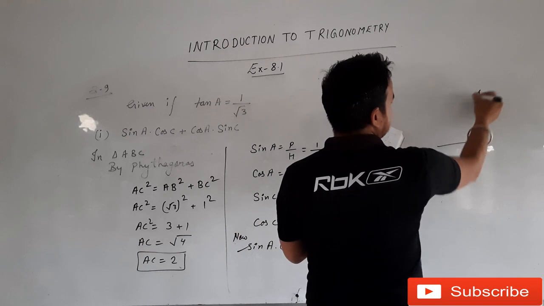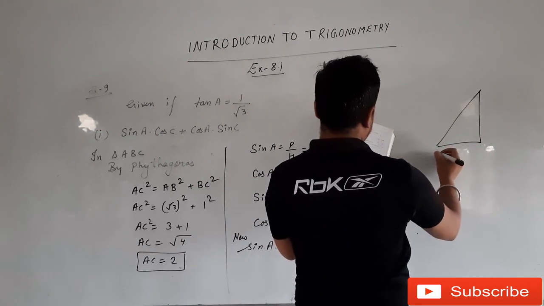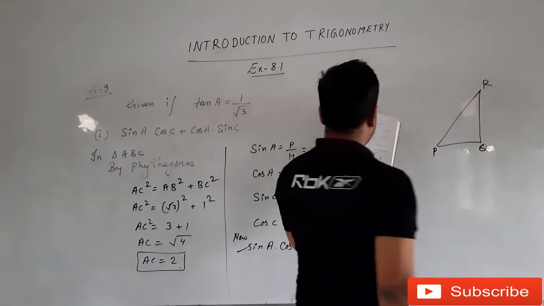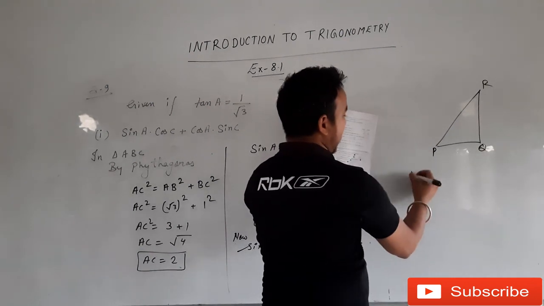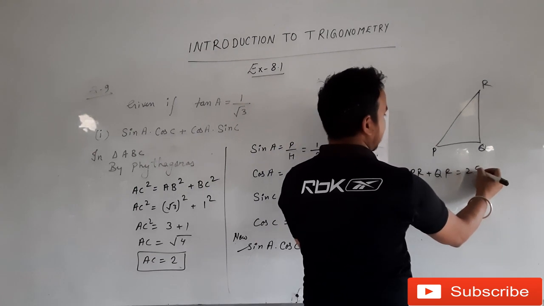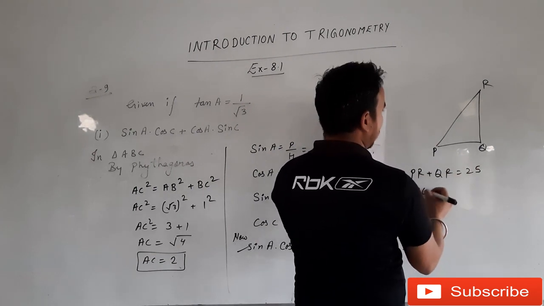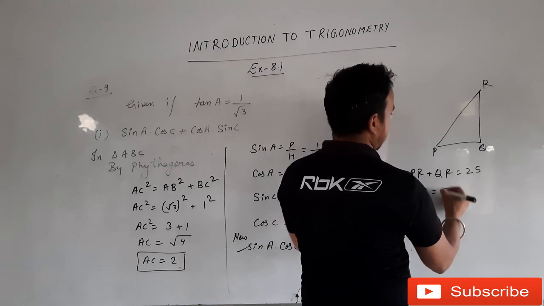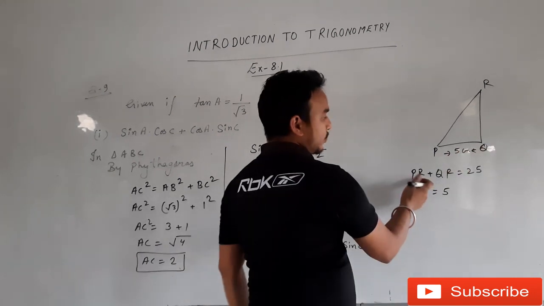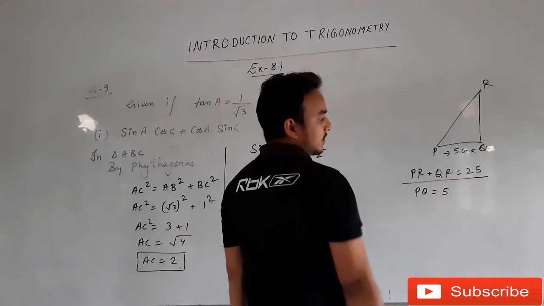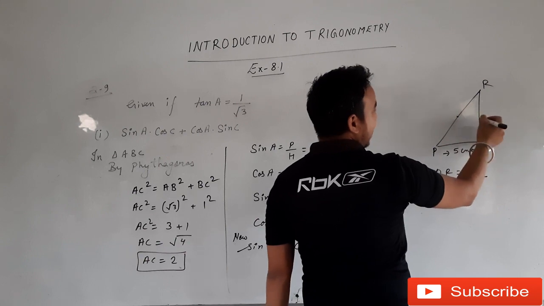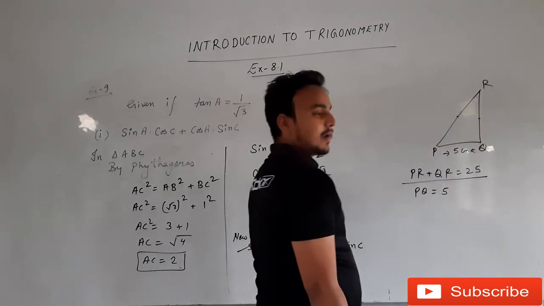The triangle is PQR. The given condition is PR plus QR is equal to 25 and PQ is equal to 5 centimeter. It means the sum of PR and QR is 25.